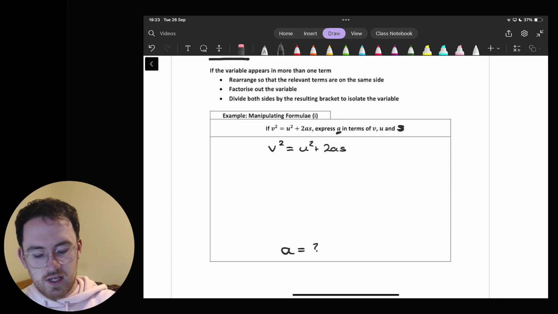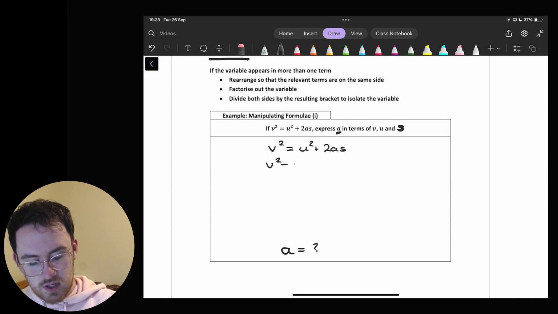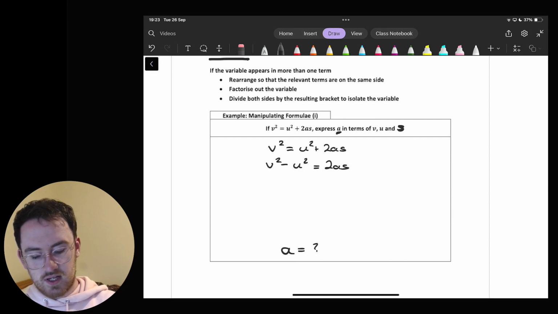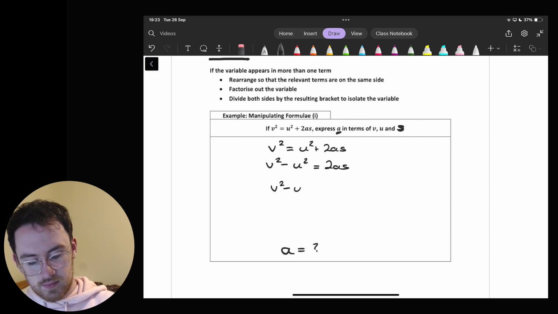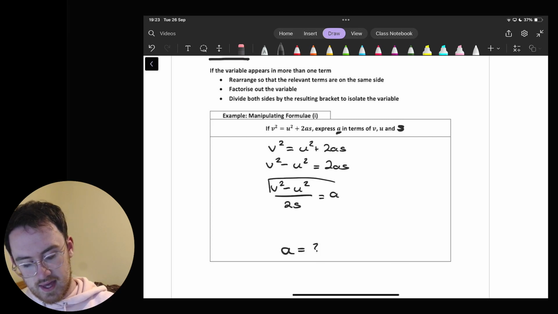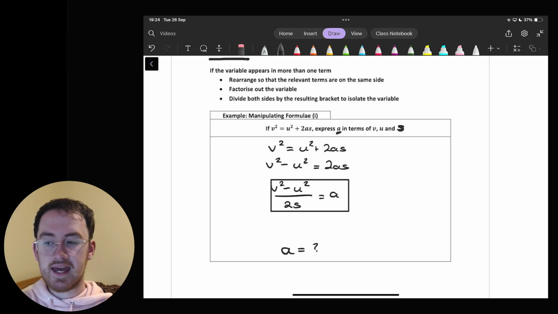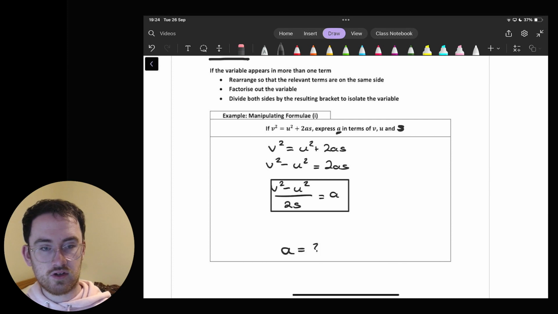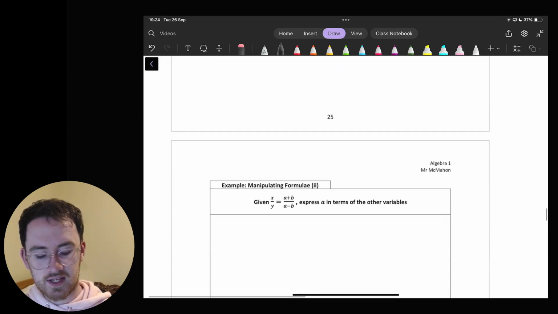First of all, that u squared, I want to bring that across, so v squared minus u squared equals 2as. Then I just need to get rid of the 2s. So v squared minus u squared over 2s equals a. And we've now expressed a in terms of the other three variables there.